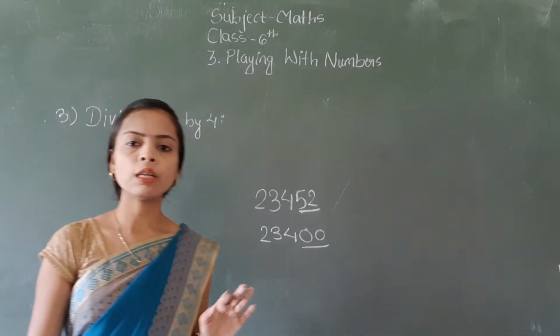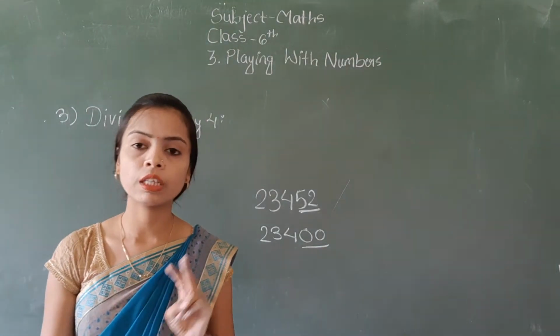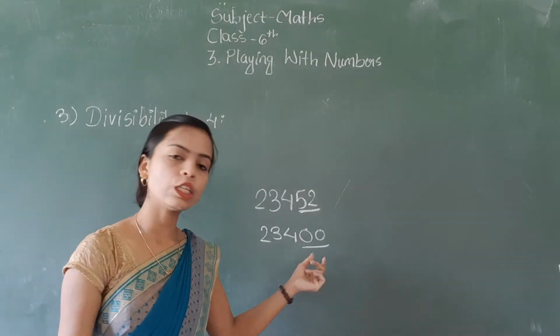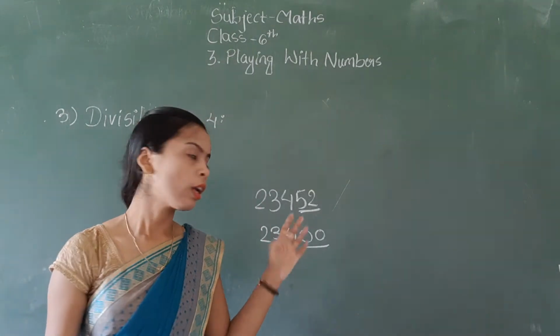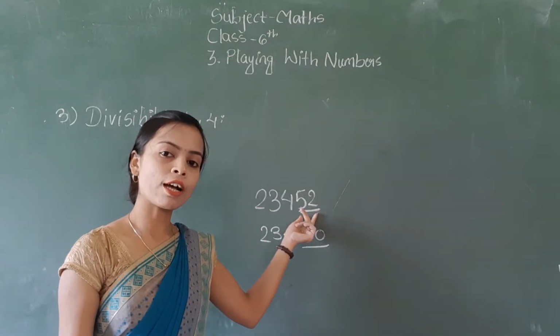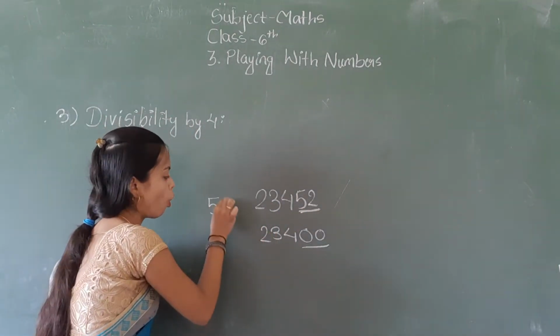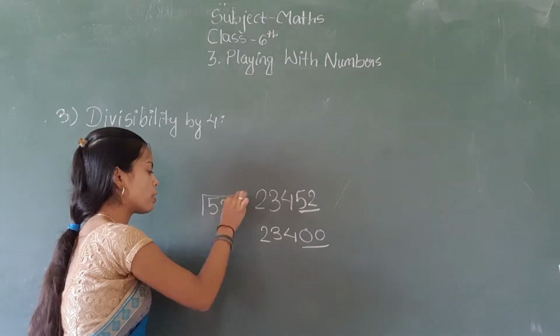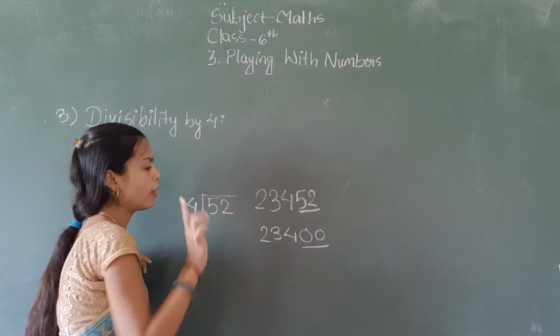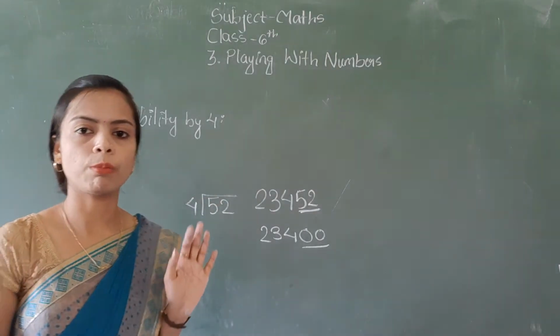If a number has 2 zeros continuously in the last 2 places, or if the last 2 digits of the given number, that is 52, are divisible by 4, then the given number is divisible by 4.